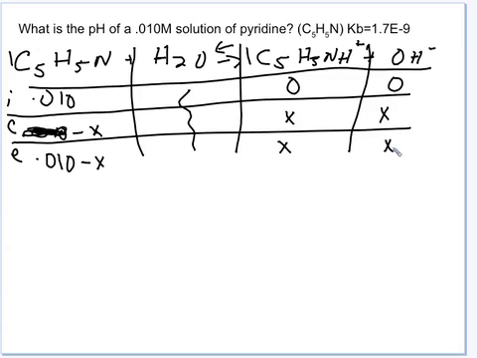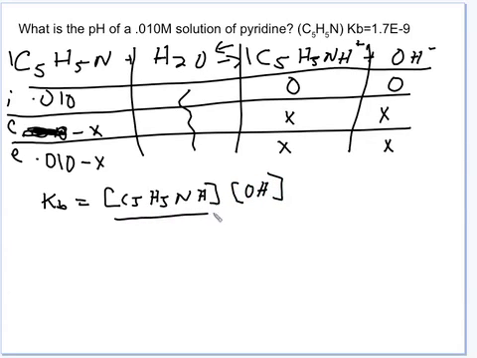Our goal is to figure out the x of hydroxide, because if we know that, we can use our pH formulas to solve for the pH. So we write the expression. Kb equals C5H5NH to the first power, times hydroxide to the first power, divided by our reactant, C5H5N, also to the first power.